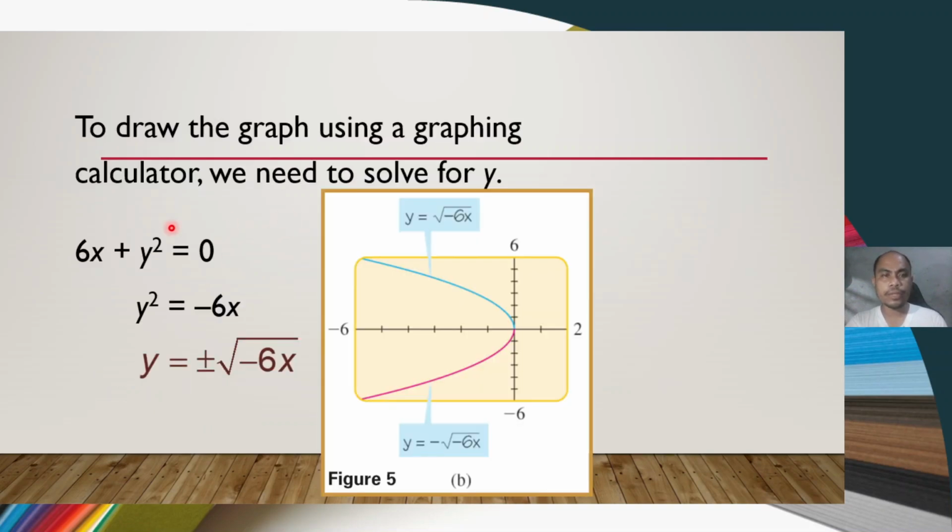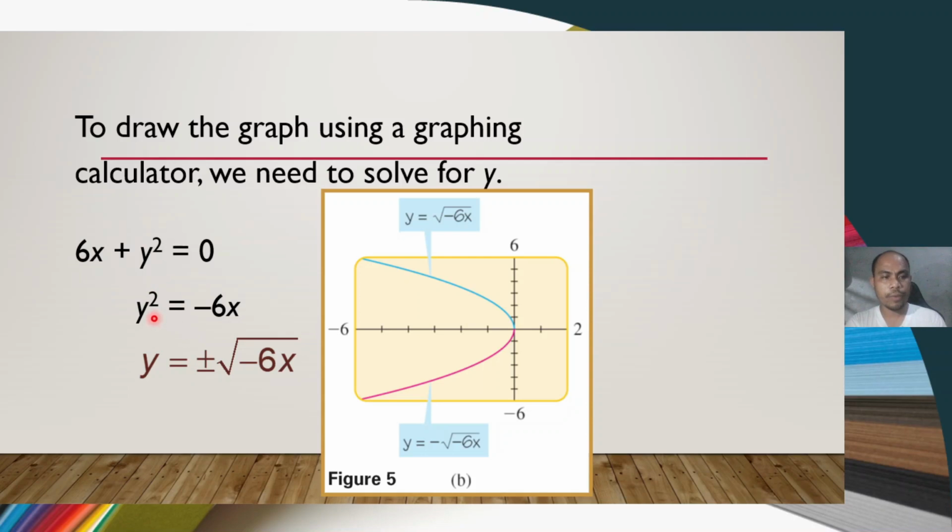To graph using a graphing calculator, we need to solve. Just simply solve for y muna bago kayo mag-encode doon sa graphing calculator. So, our original given sa problem, we have 6x plus y squared equals to 0. So, we're going to solve for y. Then, magiging y squared equals to negative 6x.